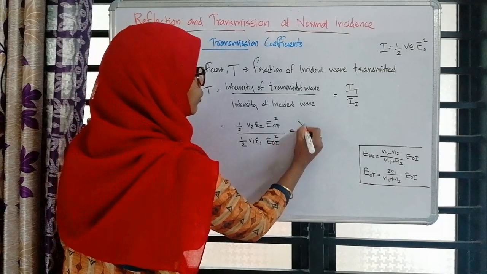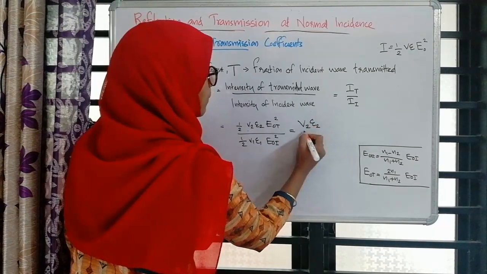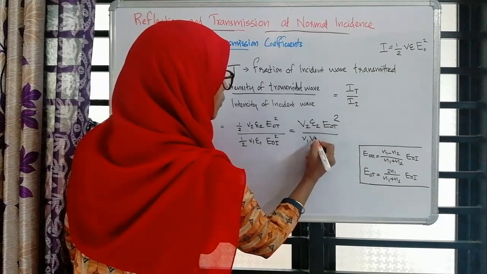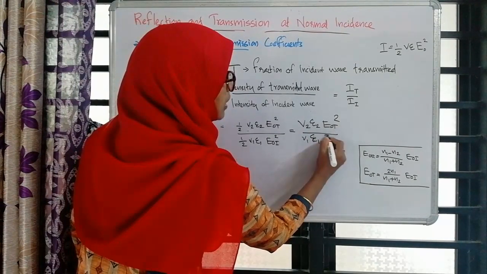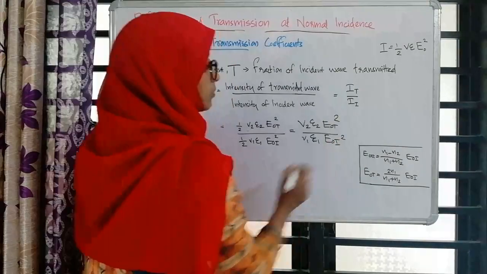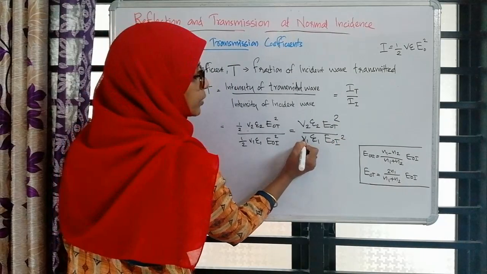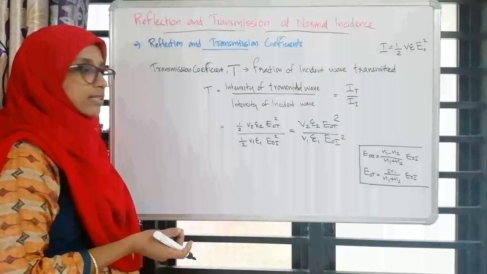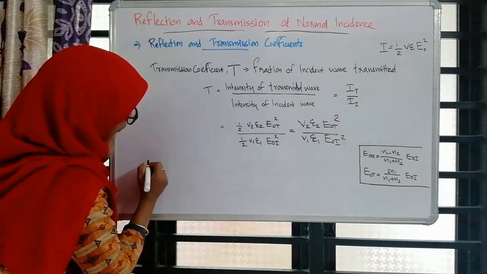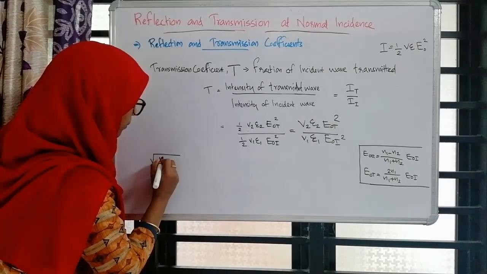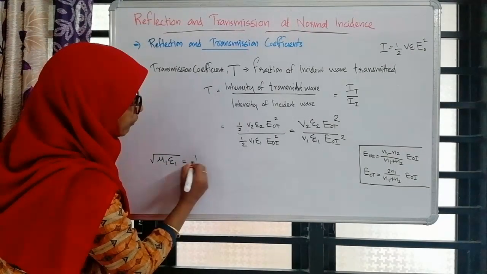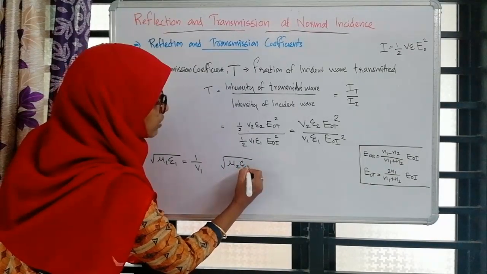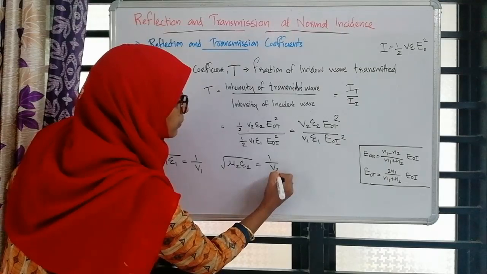Here it will be equal to V2 epsilon 2 E0T square by V1 epsilon 1 E0I square. And I need to make some substitutions for V2 epsilon 2 by V1 epsilon 1 in terms of refractive indices. So before that, I am going to write root of mu1 epsilon 1 is equal to 1 by V1, and root of mu2 epsilon 2 is equal to 1 by V2.